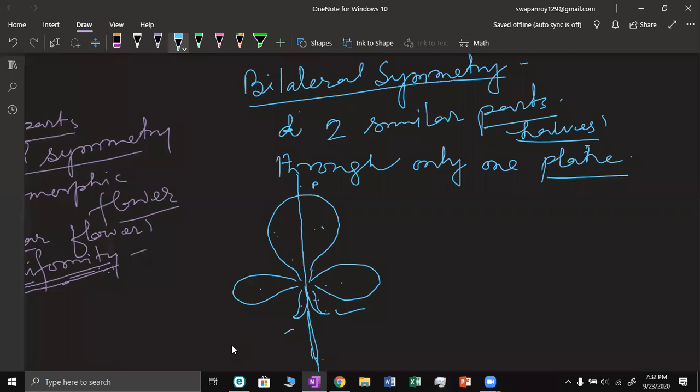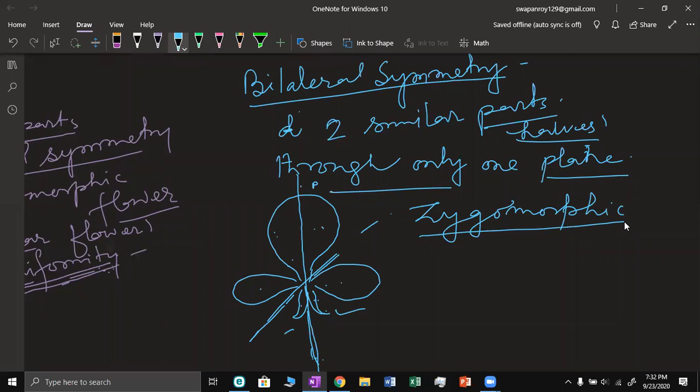But if we cut through this other plane, it is not divided into two similar halves. So this type of flower is zygomorphic, or has bilateral symmetry. Bi means two.